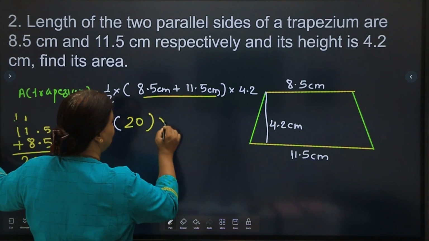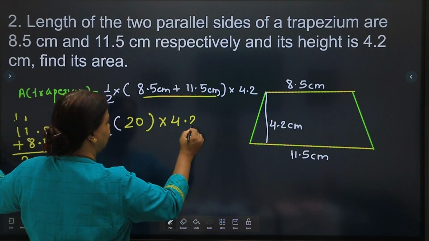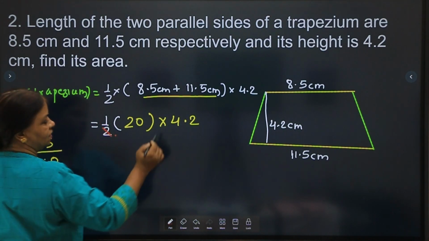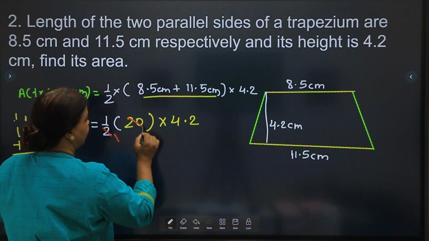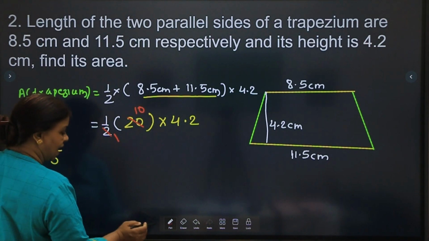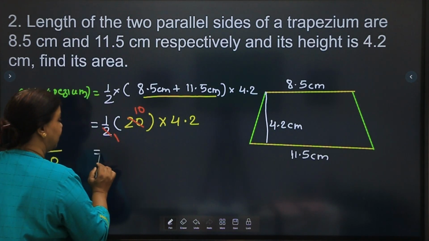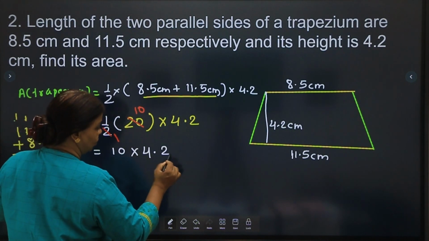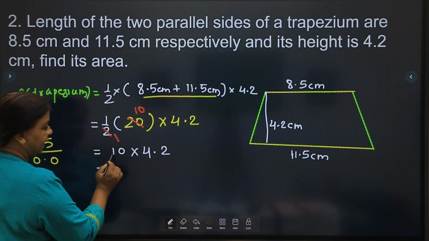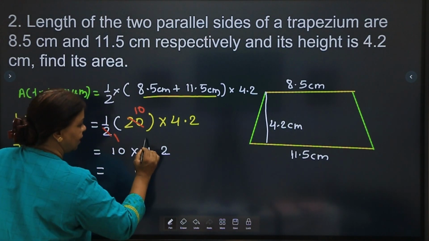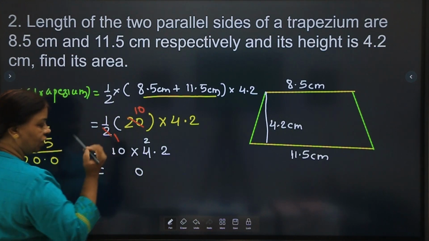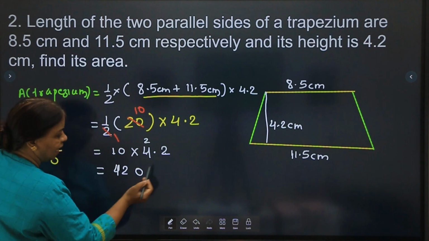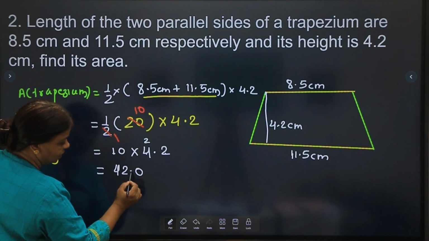Next, into 4.2. Now, I can divide: 2 ones are 10 and 2 tens are 20. So, what am I getting? I am getting 10 into 4.2. Now I can directly also multiply: 10 2s are 20, carry 2, 10 4s are 40, 40 plus 2, 42, and here decimal after one digit, so here decimal.